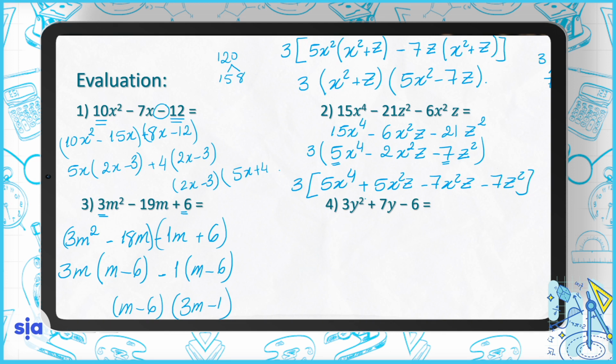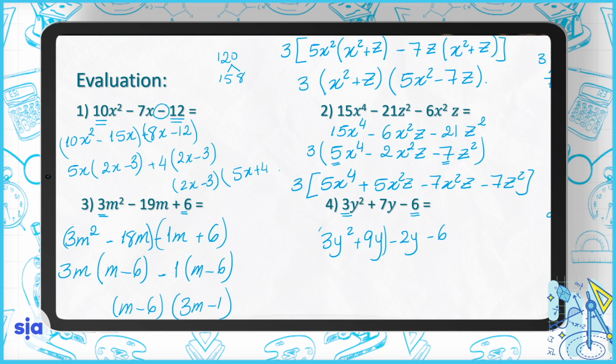Question 4. There is no HCF, so we multiply the 3 by the 6, it's the 18. I want two factors of the 18, their difference is 7, so it's the 9 and the 2. So it's 3y squared plus 9y minus 2y minus 6.